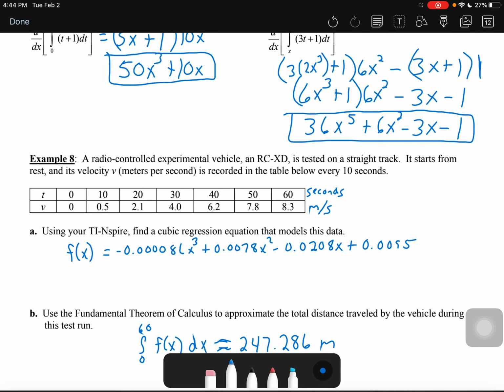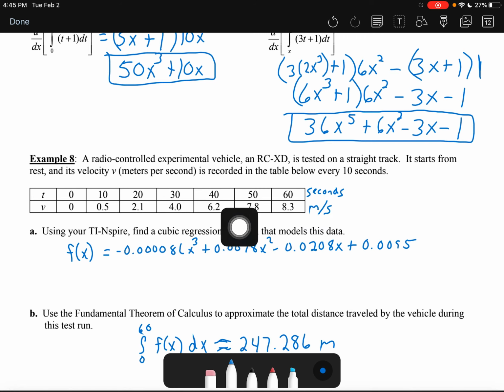Okay, example 8. So in this one, I haven't seen many problems on the AP exam where they actually ask you to use a regression equation, but you could. You've done this in algebra where you use the L1 and L2 function on your calculator, you'd enter all these values in L1 and then you'd enter all these in L2.